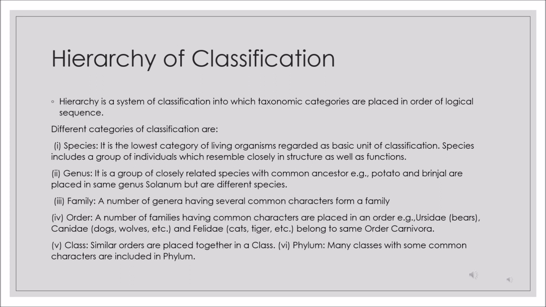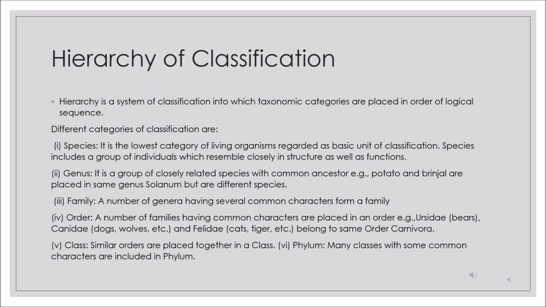For example, in the book they have given potato and brinjal. They have common ancestors and some similarities, so they are put under the same genus. I have already told you about binomial nomenclature.